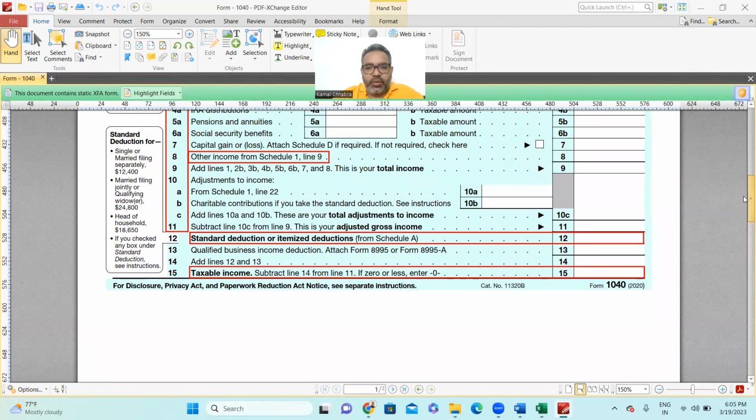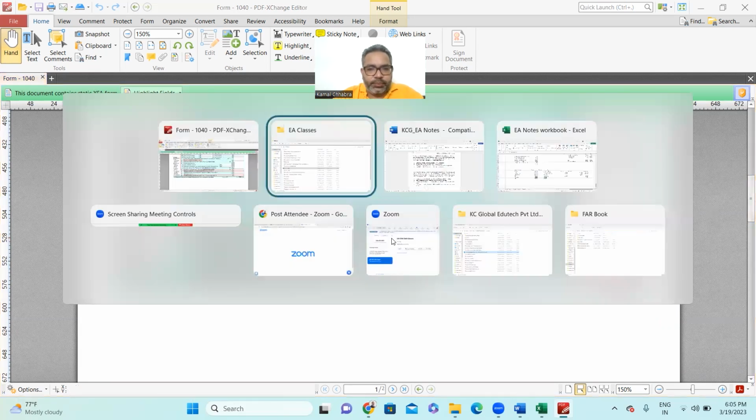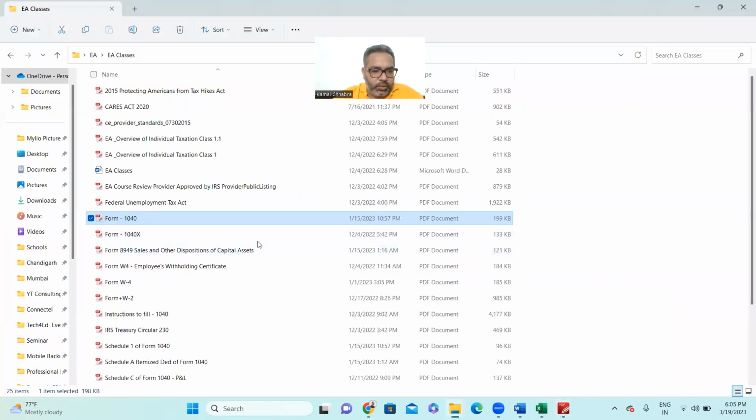This is what at the end you all need to learn. So there is standard deduction or itemized deduction. For that there is Schedule A. You've seen Schedule A.